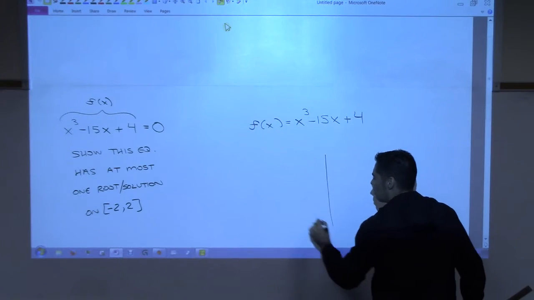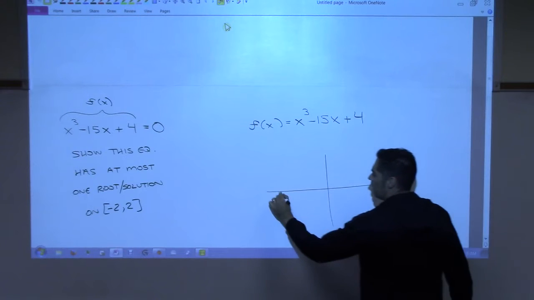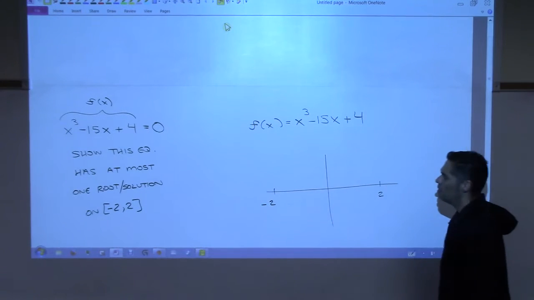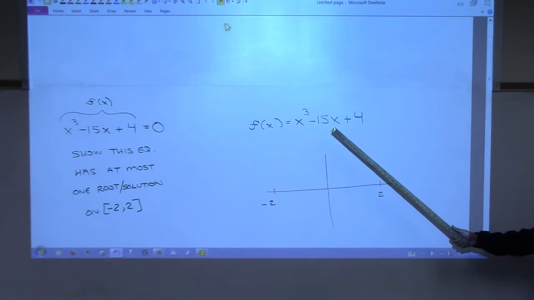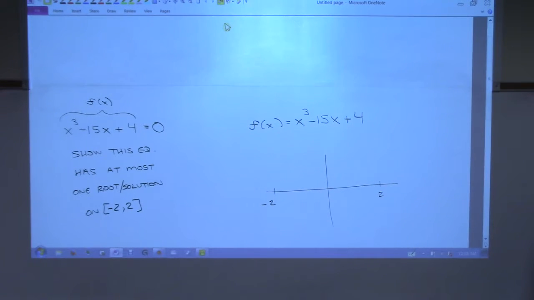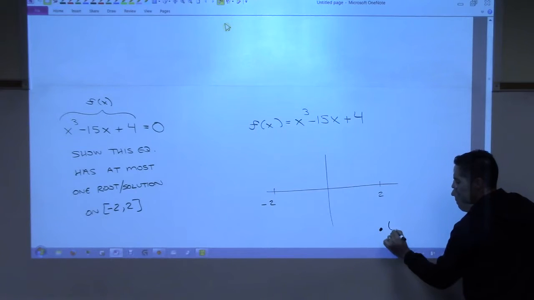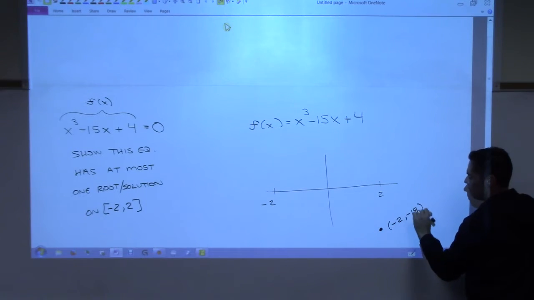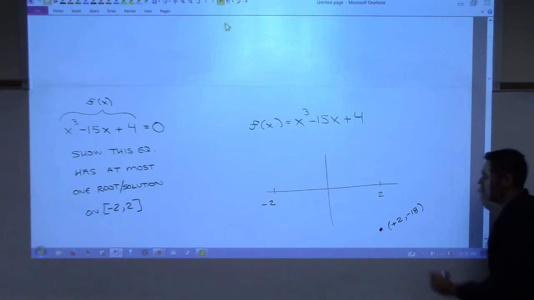So if I were to start to try and graph right now, what would the value of this function be at these two endpoints? Let's plug in 2, it's easier. 8 minus 30, that's -22, plus 4, -18. So we'd be down here at the point 2, -18.